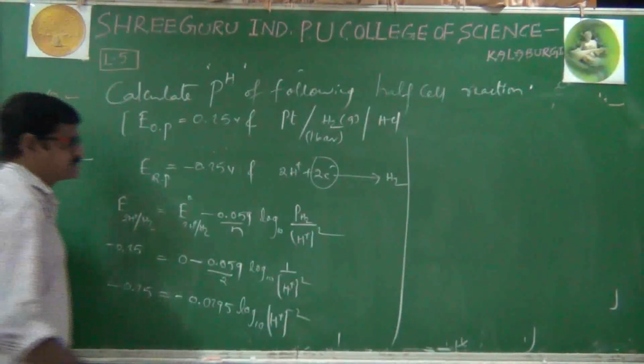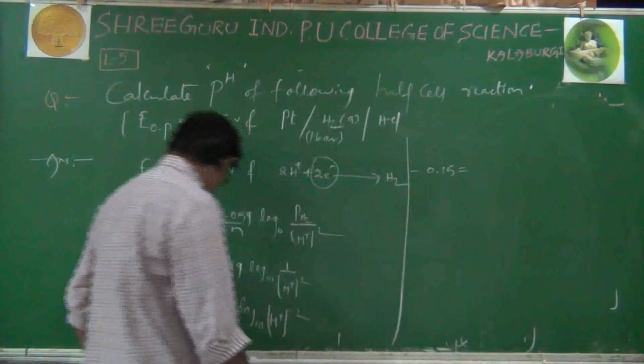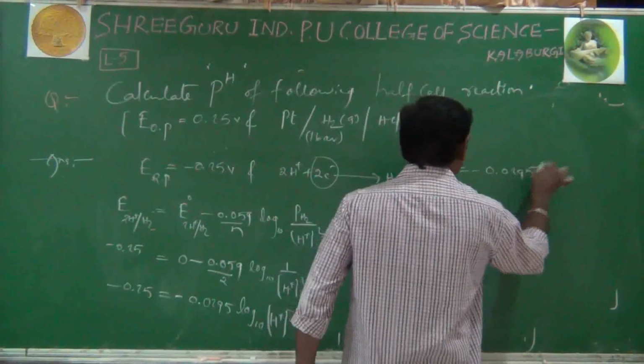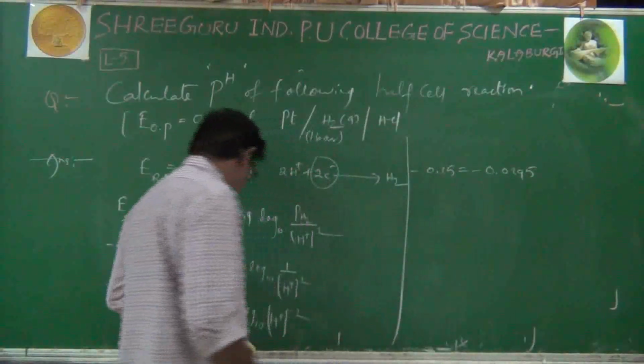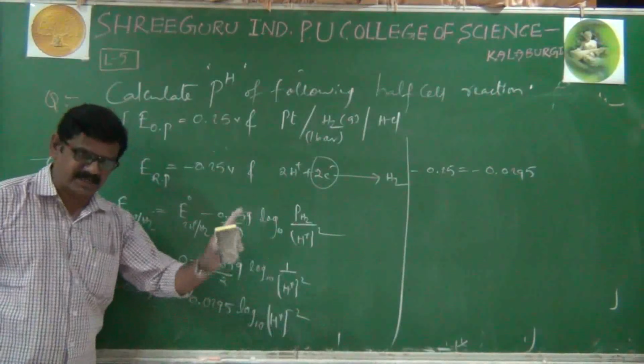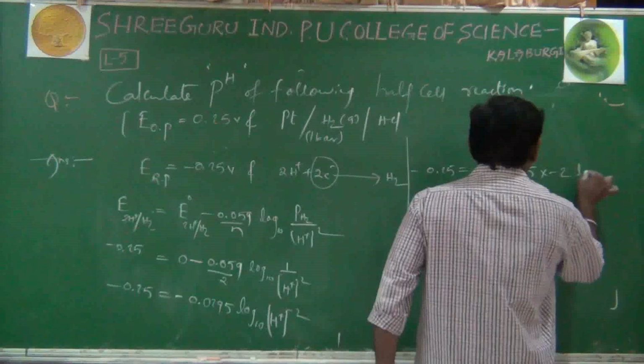Next, minus 0.25 equals minus 0.0295. See here, log m to the power of n is nothing but n log m. The n value here is minus 2.